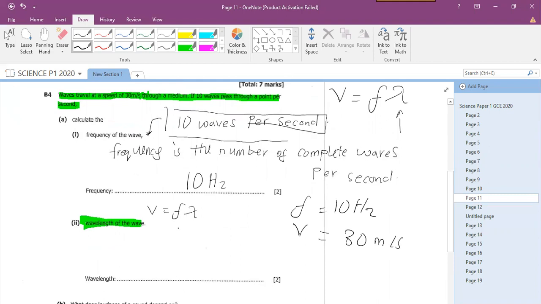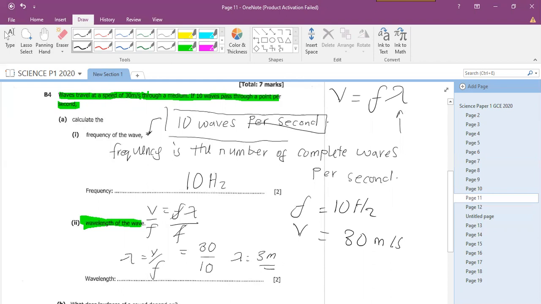So again, math comes through. You have to make wavelength the subject of the formula. We divide both sides by frequency. The frequency will cancel. Wavelength, or lambda, will be velocity over frequency. The velocity is 30 meters per second, and the frequency we just calculated as 10 Hz. So we divide that, and our wavelength will be 3 meters.